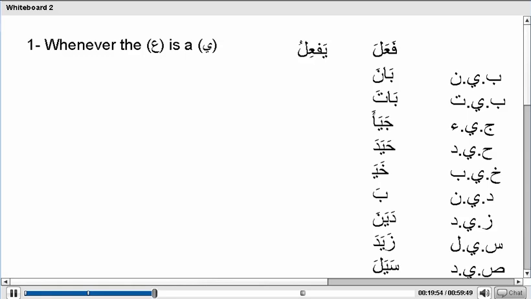Yani, we transformed it into an alif. واضح? طيب bata means he spent the night. Bata.